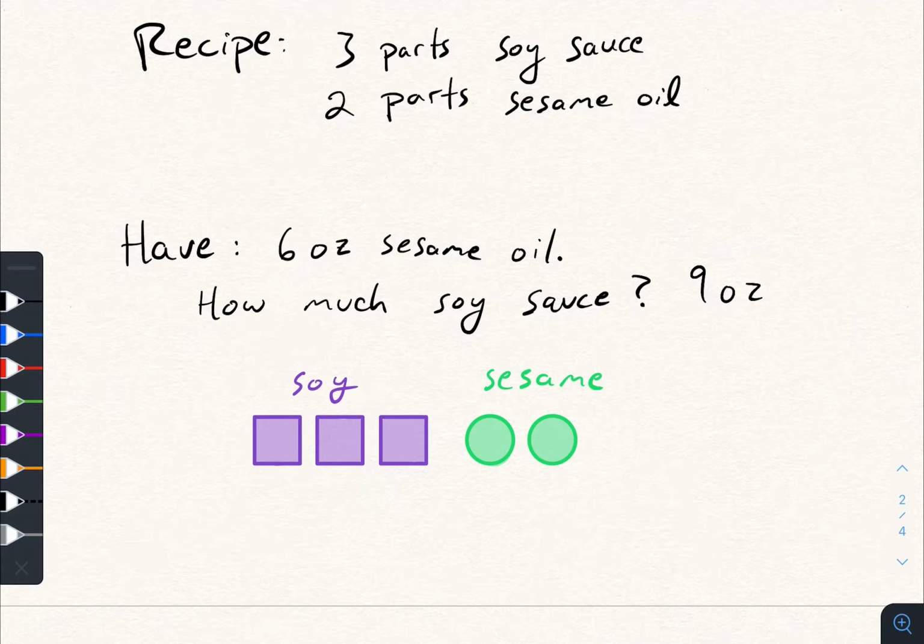So if we had 2 parts sesame oil and we needed to make up 6 ounces, then we can make each part worth 3 ounces. So every single part for the sesame is 3 ounces, and then same for the soy sauce. So 3 ounces times a total of 3 parts equals 9 ounces. So that's another way of visualizing the solution here.